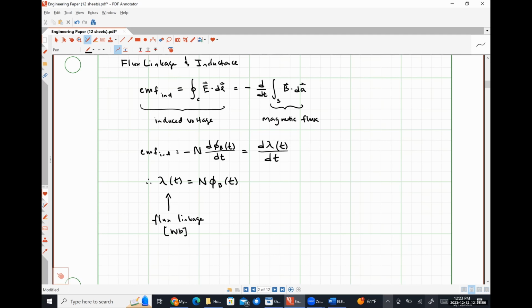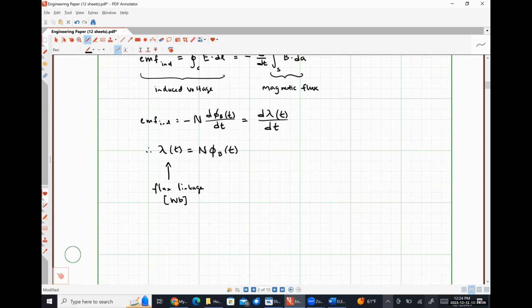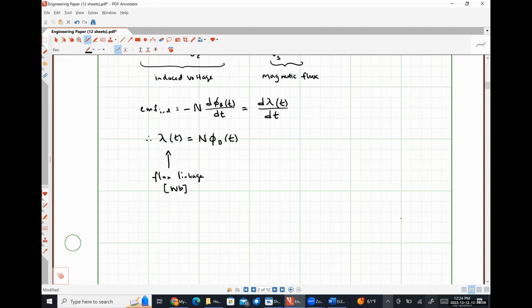So, all right, the flux linkage of a coil is related to self-inductance using the following relationship, right? So our flux linkage, lambda, is L, self-inductance, times our current, right?